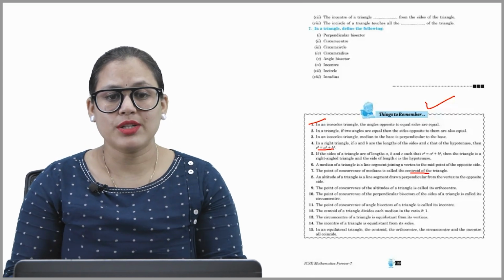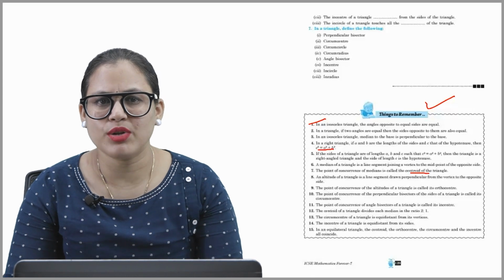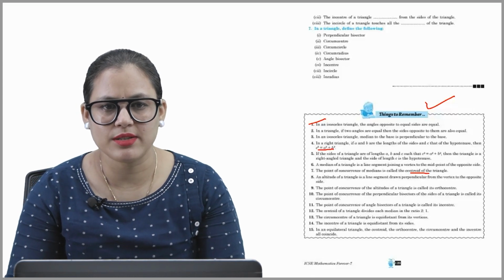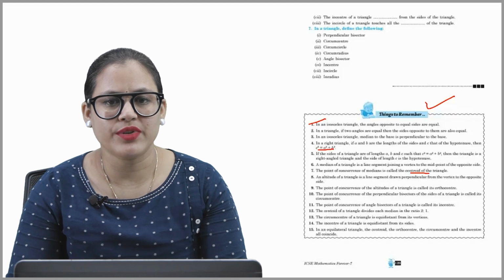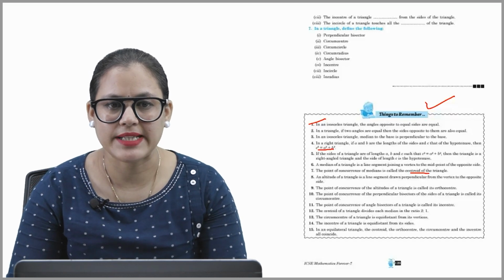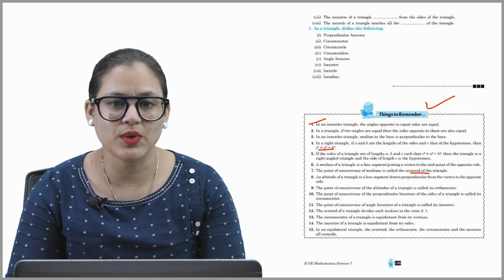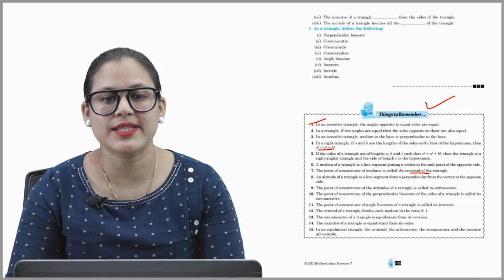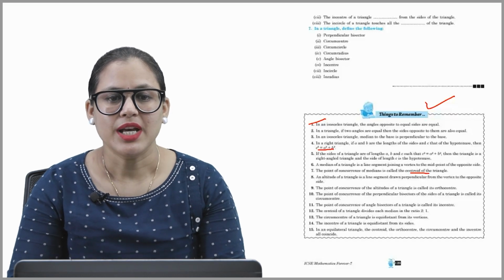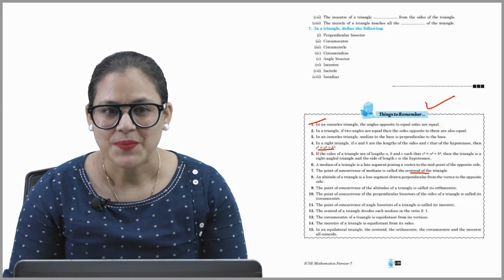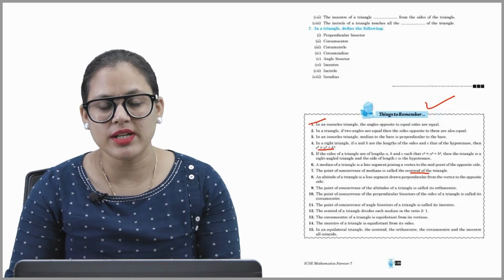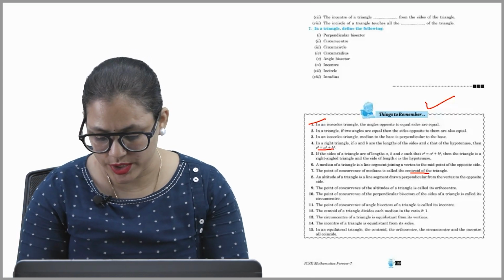8, an altitude of a triangle is a line segment drawn perpendicular from the vertex to the opposite side. 9, the point of concurrence of the altitudes of a triangle is called its orthocenter. 10, the point of concurrence of the perpendicular bisectors of the sides of a triangle is called its circumcenter. 11, the point of concurrence of angle bisectors of a triangle is called its incenter. 12, the centroid of a triangle divides each median in the ratio 2:1.